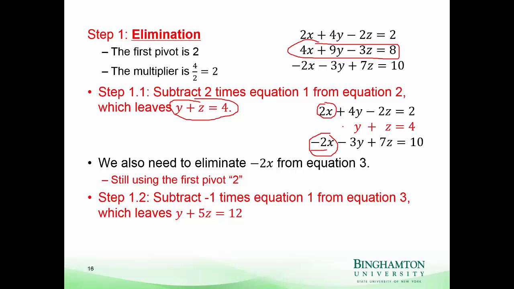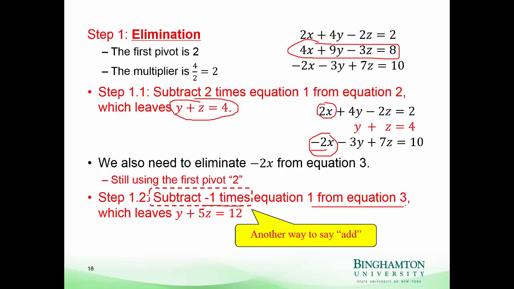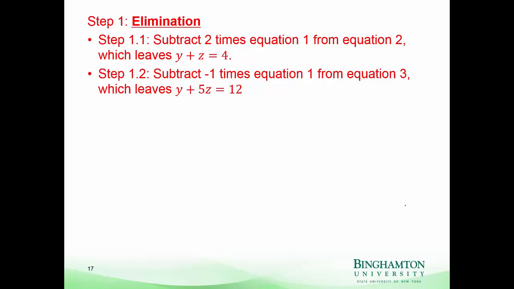So the coefficient divided by the pivot is minus 2 divided by 2, which is minus 1. So we're going to subtract minus 1 times equation 1 from equation 3. And subtract minus 1 times, that's just another way of saying add. So we can think of it that way. And so after we do that, we end up with the third equation being reduced to this.